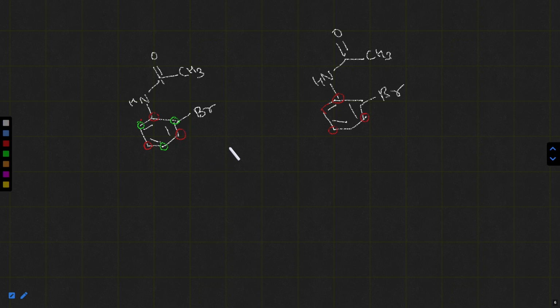Due to this energy difference, and second, due to the greater electronegativity of bromine, it will be donating comparatively less electron than NH. Due to these two reasons, it will not be able to donate its electron that efficiently. Therefore, this NH will play a better role in deciding your product.